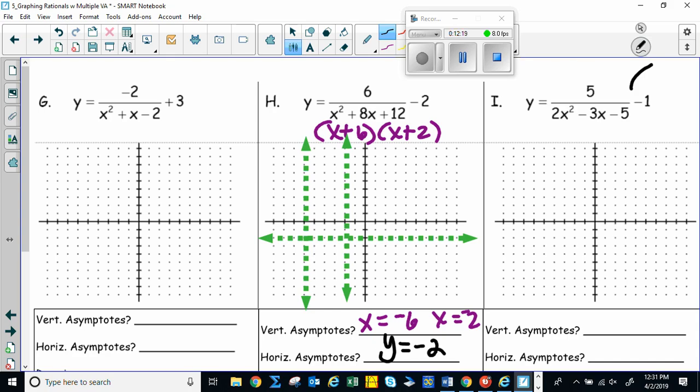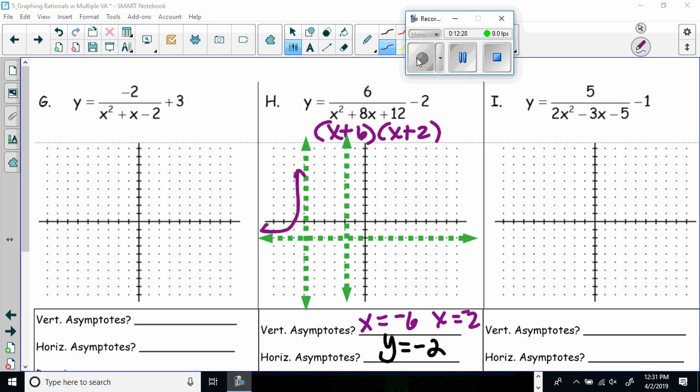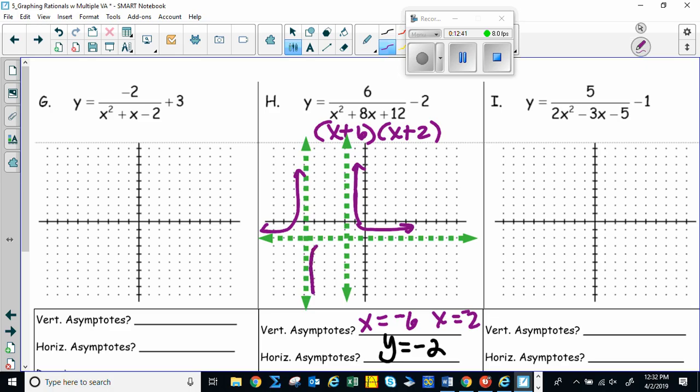Okay, this is going to be my k value, driving that horizontal asymptote. I still have the same 6 panels. Thank you. So since my a value is positive, I can draw my outside curves. All right. Then the inside curve is going to be on the other side of that horizontal asymptote.